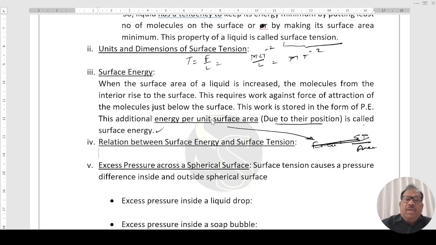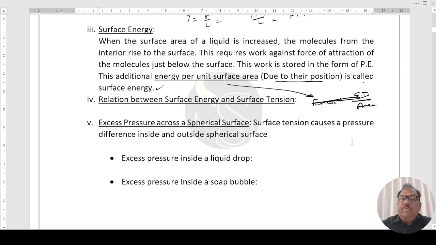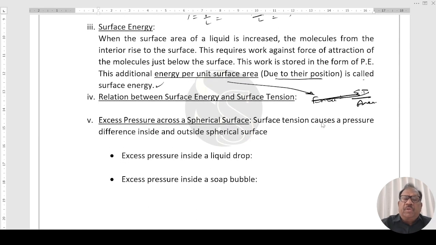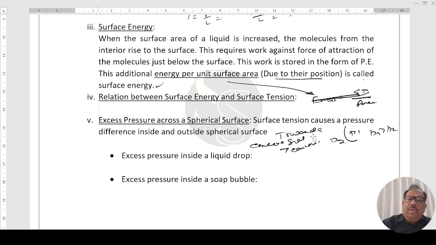This is the relation. Excess pressure across a spherical surface: surface tension causes a pressure difference inside and outside. P1 is greater than P2, meaning pressure on the concave side is always greater than on the convex side, right?